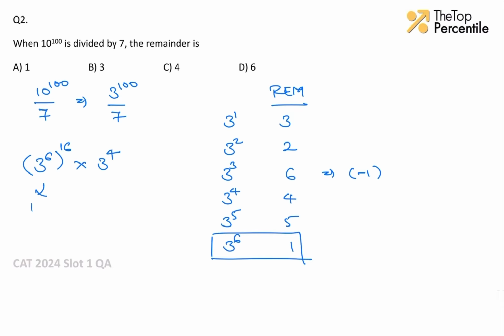This will give me a remainder of 1, and this will give me a remainder of 4, as we have already found out here. So yeah, this is answer 4, that is option C. We can also solve this by using Fermat's Little theorem or Euler's method. Pretty easy question, I would say. Let's move on to the next one.